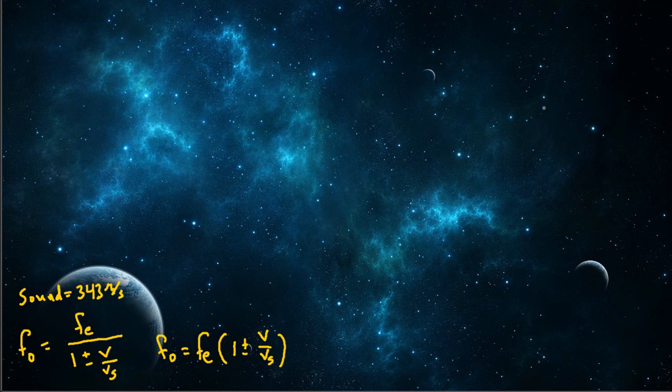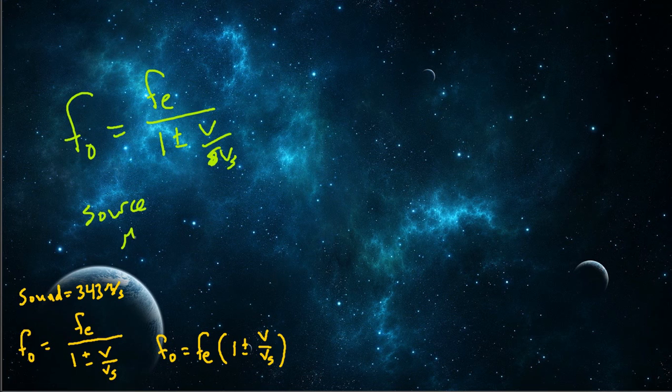So I think that wraps it up for this. We do need to keep in mind for this formula right here, we use this one if the source is moving. So this one, the source is moving. And for this one, we use the minus for approach, and we use the plus for going away.